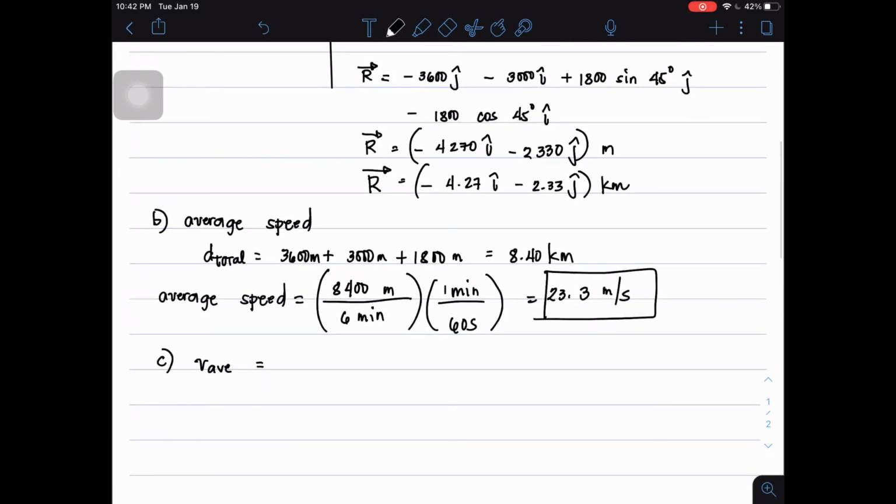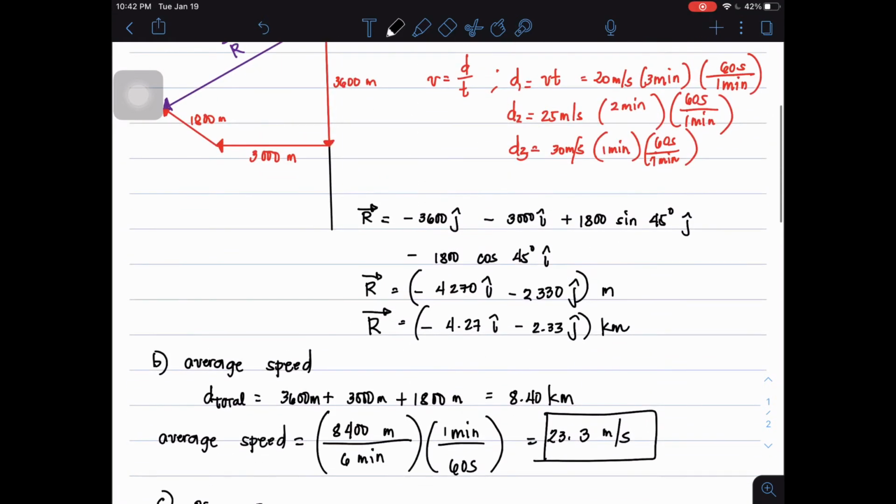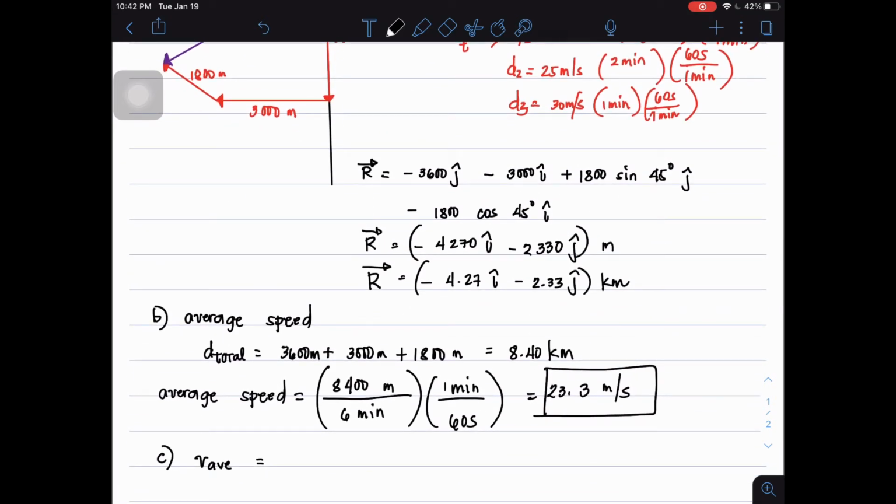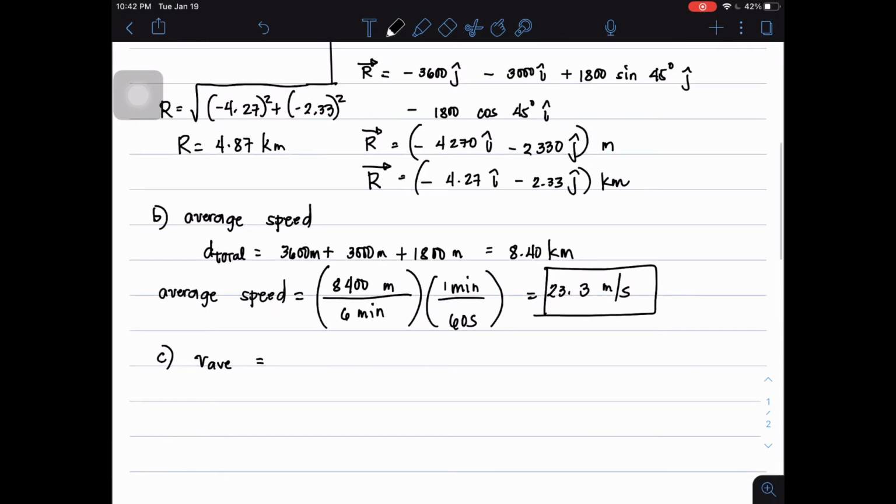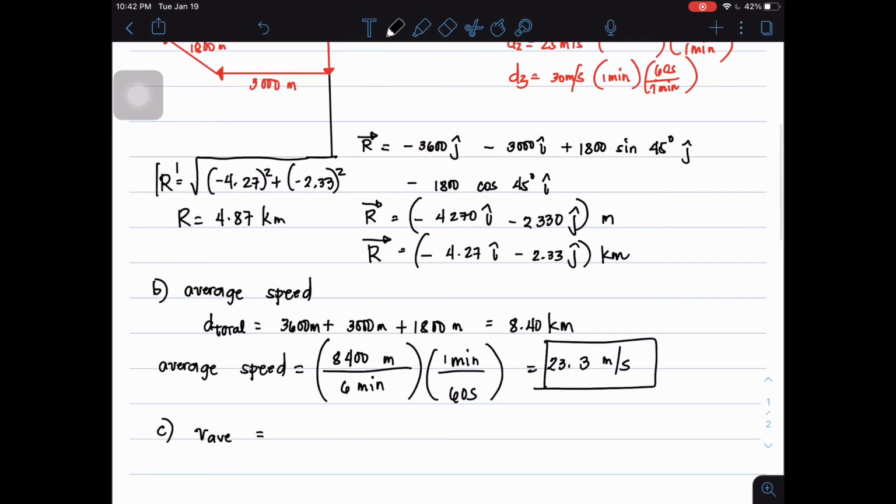For the average velocity, we're gonna need to compute for the magnitude of the resultant vector. Using Pythagorean theorem, the magnitude of the resultant vector is 4.87 kilometers. So that's the one that we're gonna be using to solve for the average velocity.